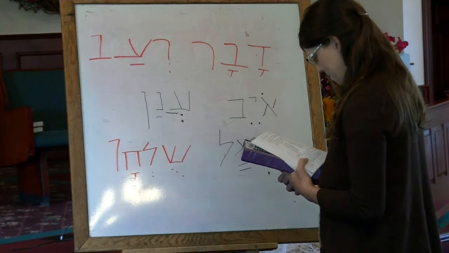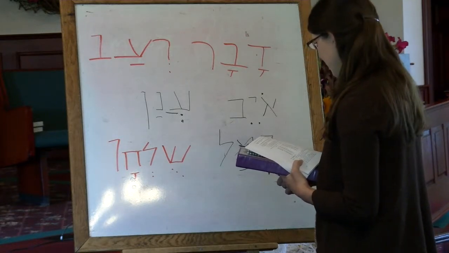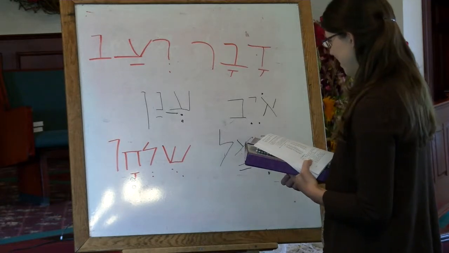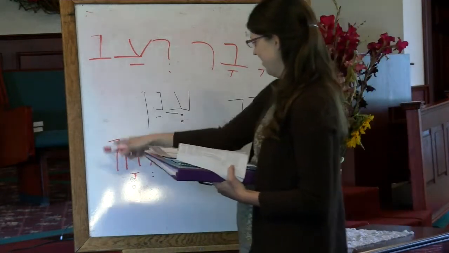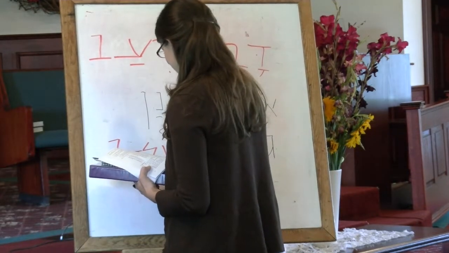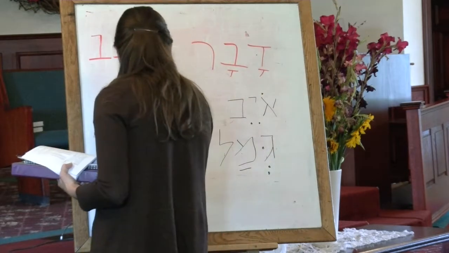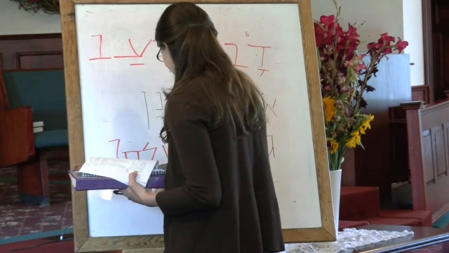How about 2? Comets in a final closed syllable. Yes. Oh, we do, yeah. So what should that change into? Good, a pathak. And then do we have a tsere in a final closed syllable?